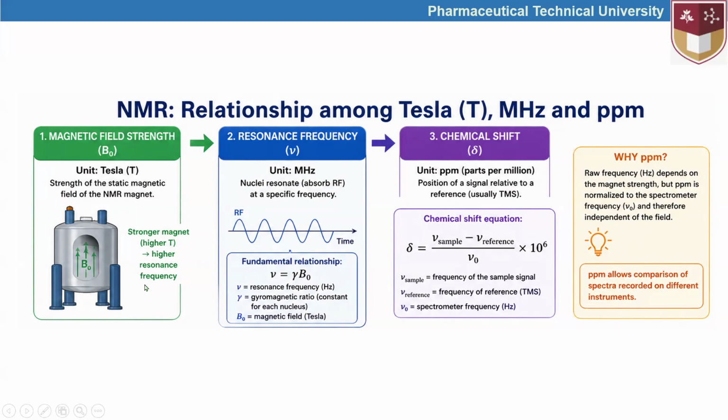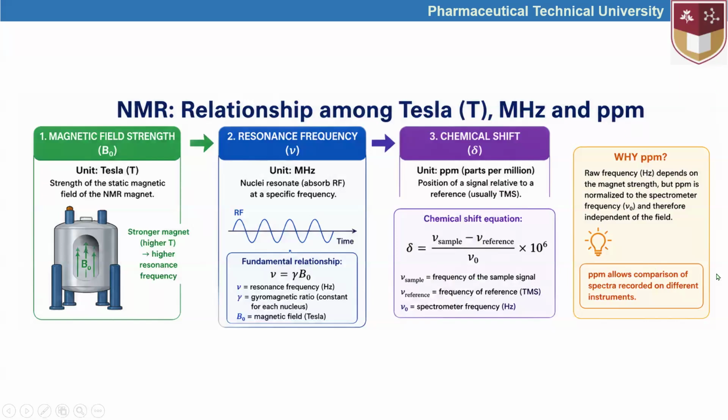So the higher the magnetic field, the higher the resonance frequency. The chemical shifts also result from the higher frequency. I mean, they result from, for example, smaller differences between the radio frequency of the reference compound and the radio frequency of the studied compound.